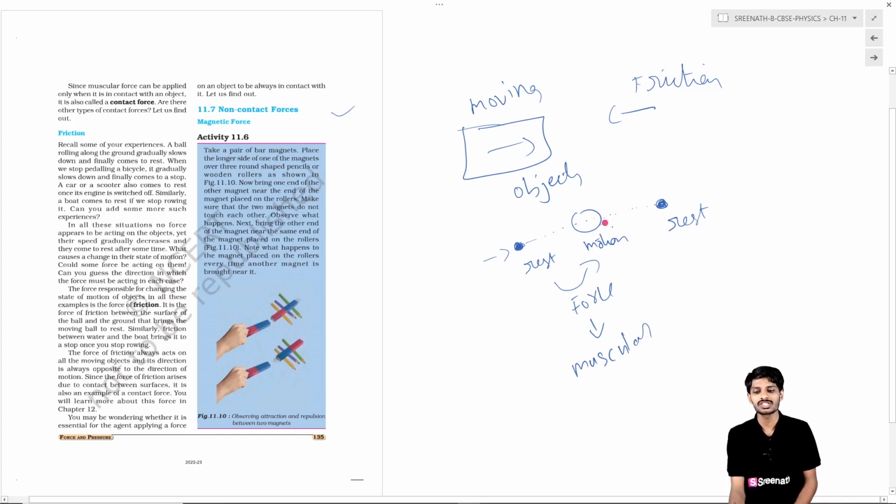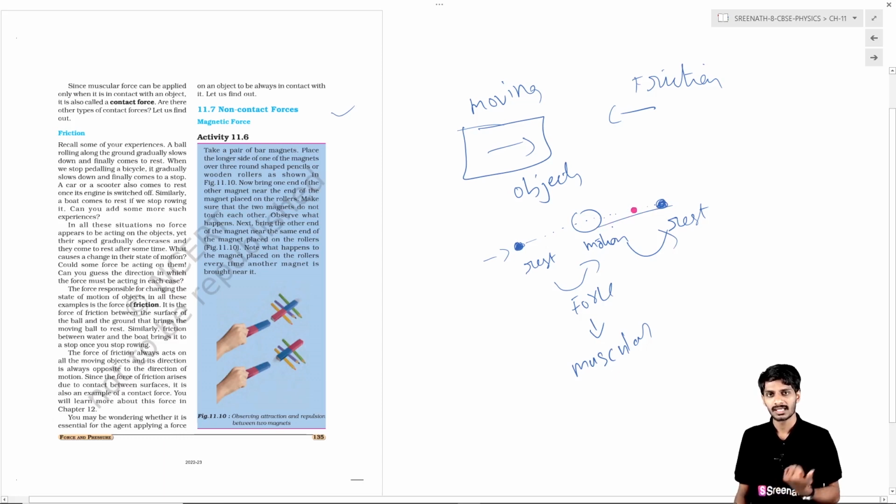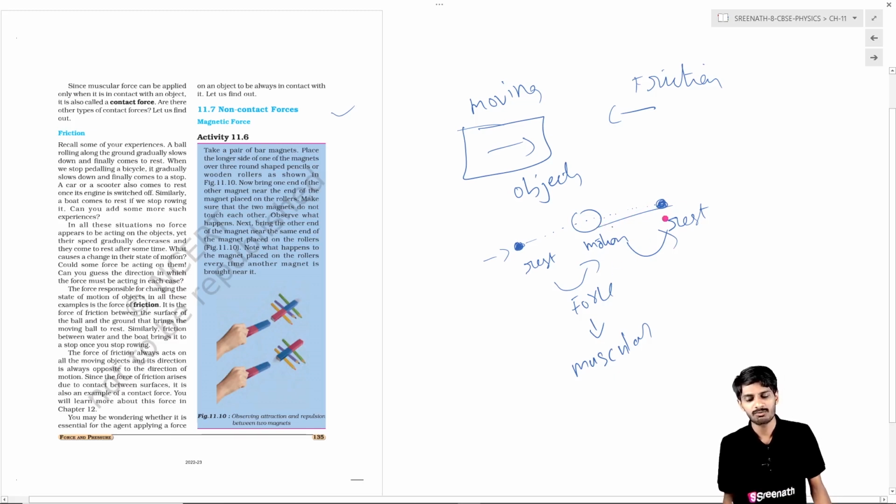But here also the state is changed, though we didn't apply any force. So why did it stop? Which means there is some other force acting on it. Whenever there is a force, only then will its state of motion change. Here the state of motion is changed, so there must be a force. What is that force? That force is called friction.